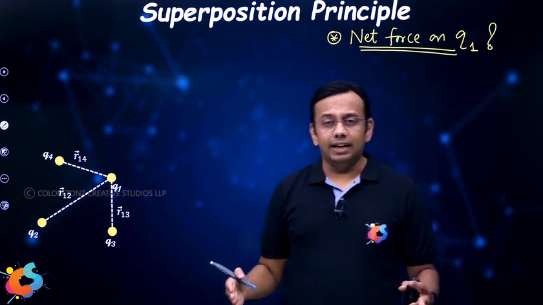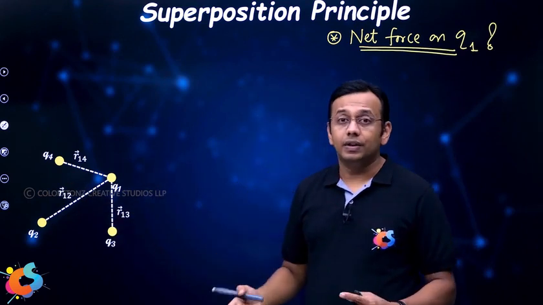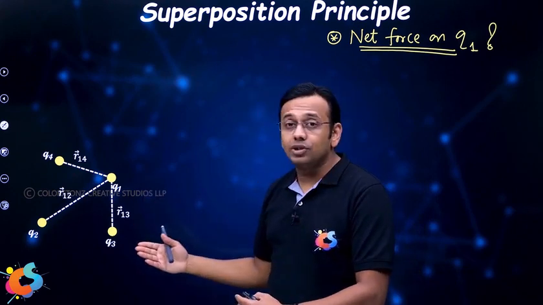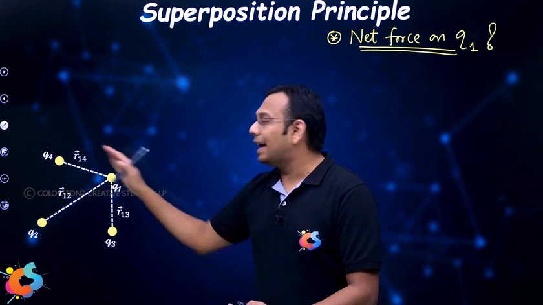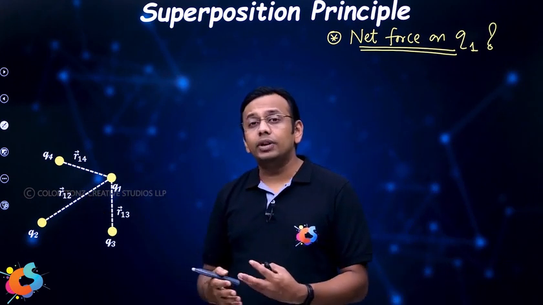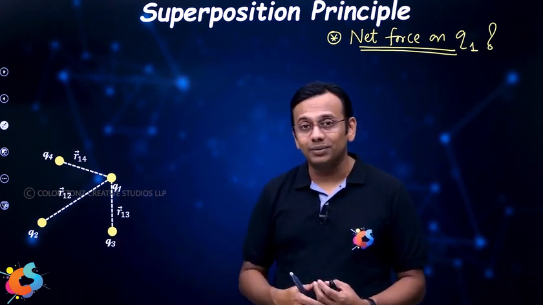So we know very well that every charge is going to have some interaction because these are charged particles, they have some charge. So each pair of charges is going to have some interaction. But how do we get the net interaction or the net force acting on charge Q1?